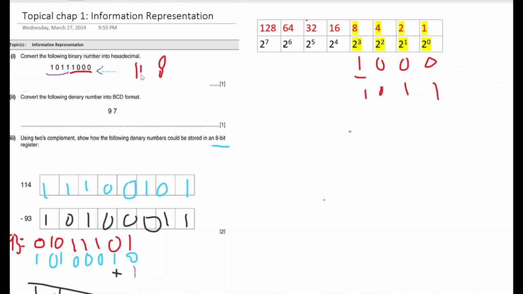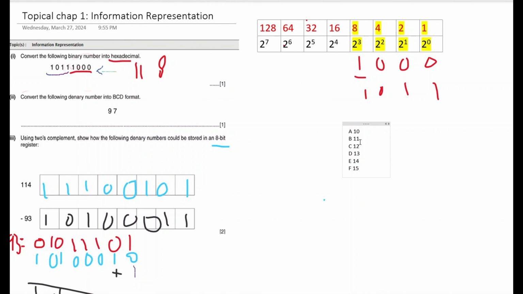I'm writing here 11, but because the question asks you to convert into hexadecimal, you have to write the equivalent value. For A we have the value 10, for B it's 11, for C it's 12, for D it's 13, for E it's 14, and for F it's 15.